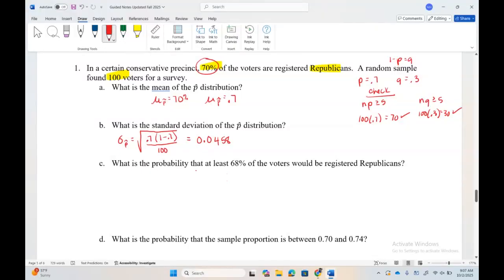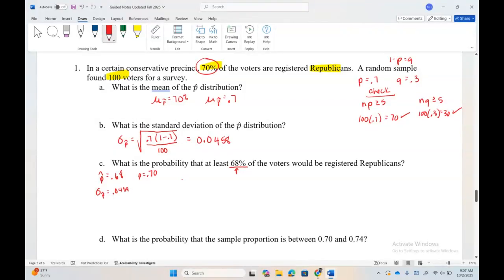What is the probability that at least 68% of voters would be registered Republicans? So this comes from a sample, so this is P hat. And P is 0.70. We can say that our standard deviation is 0.0458.